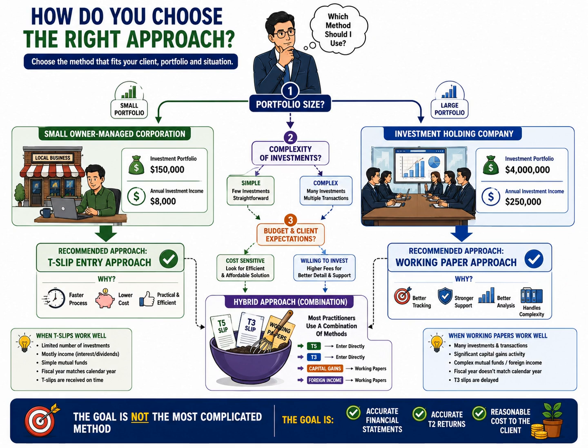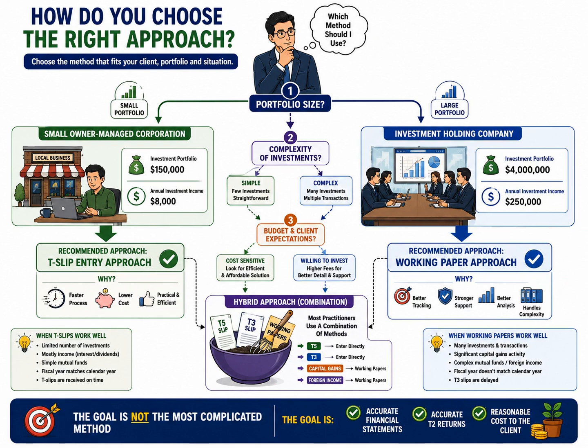And then there is the approach that many experienced practitioners actually use in real life, the hybrid approach. Instead of choosing one method exclusively, they combine both methods. For example, they may enter straightforward T5 interest income directly from the tax slip.